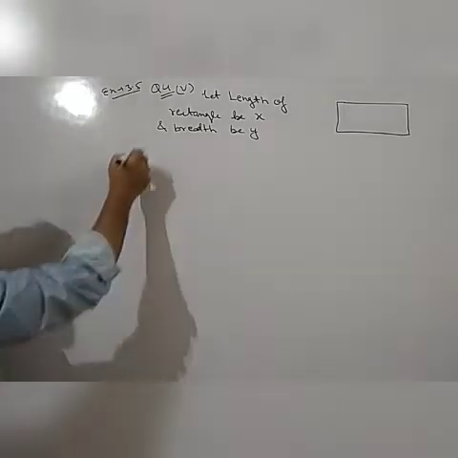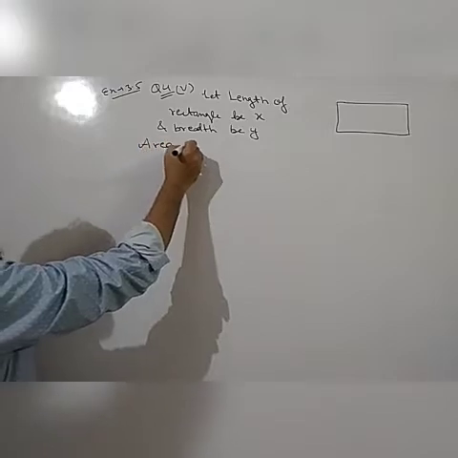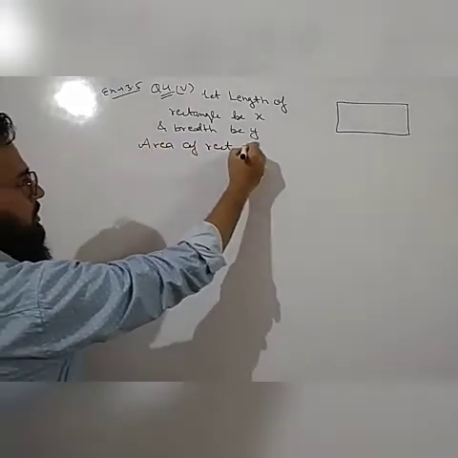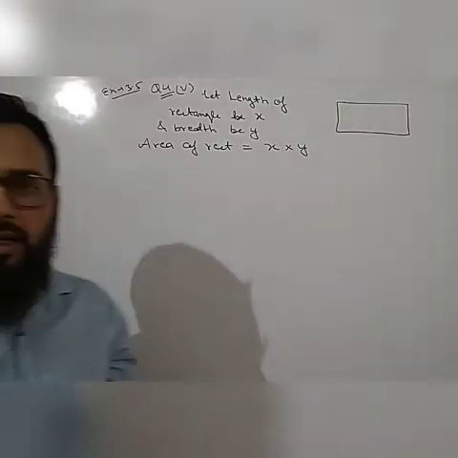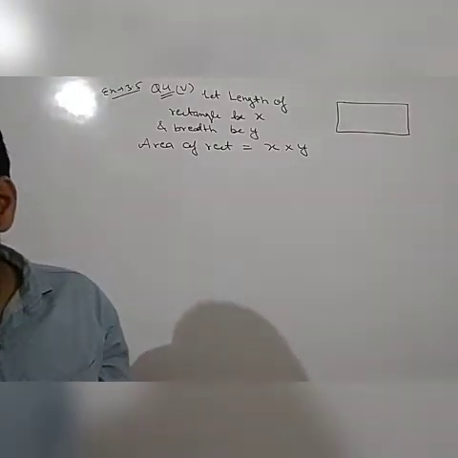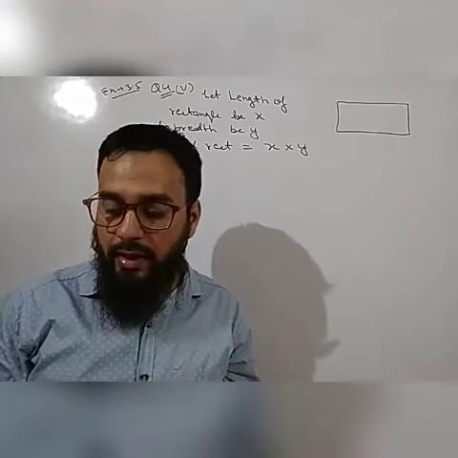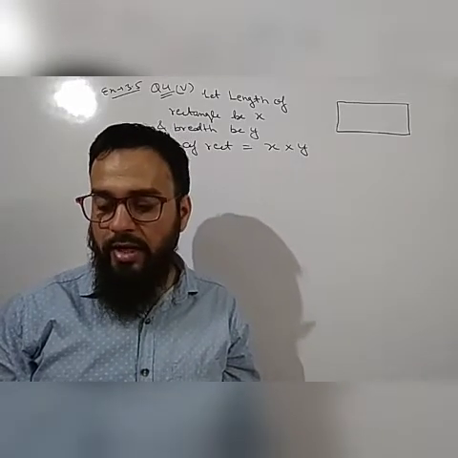So what is the area of rectangle? We know the area of rectangle is equal to length into width, that will be x into y. Clear? Now coming to the question, the area of rectangle gets reduced by 9 square unit.